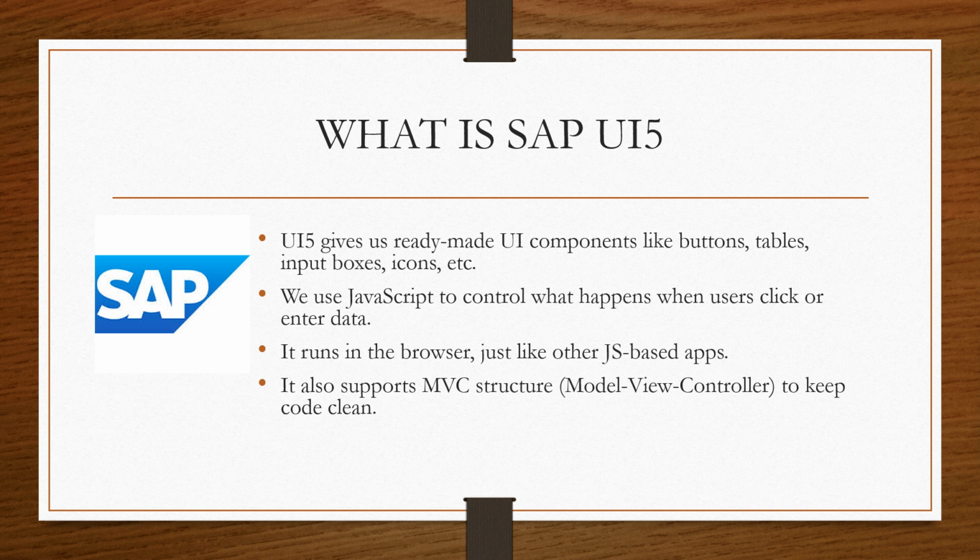Like we know, when we see any user interface, we know what the components of it are. For example, there is a drop down, there is an input field, there are value help fields. So these kinds of UI components have already been developed by SAP in the library named UI5.